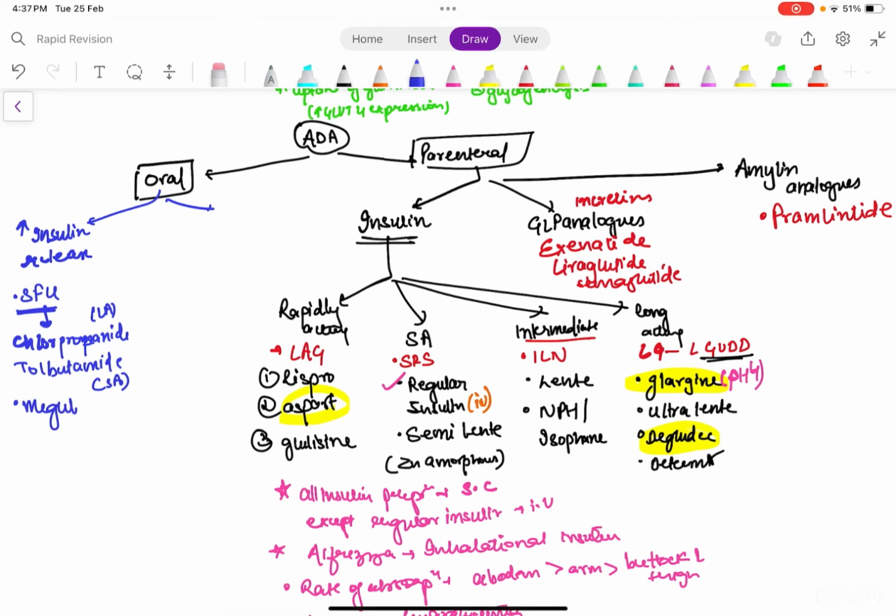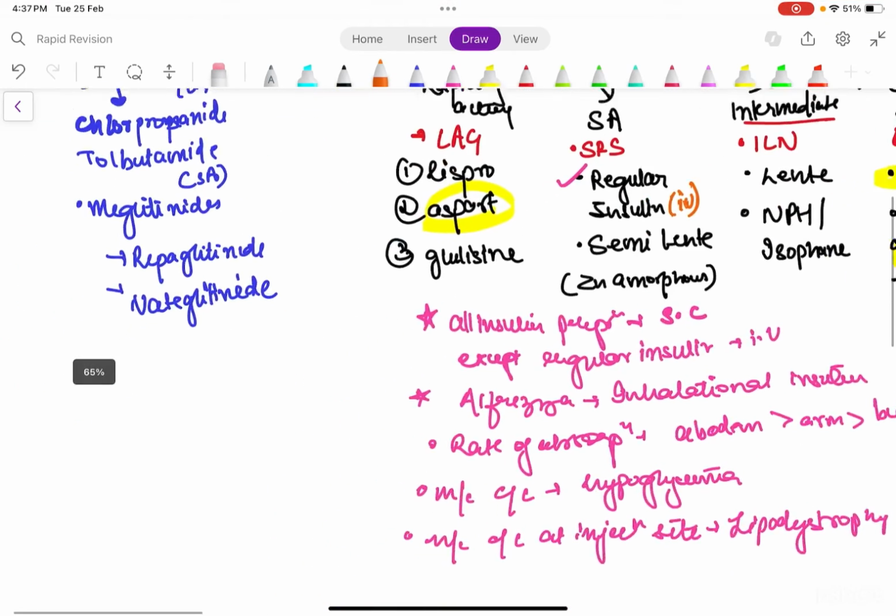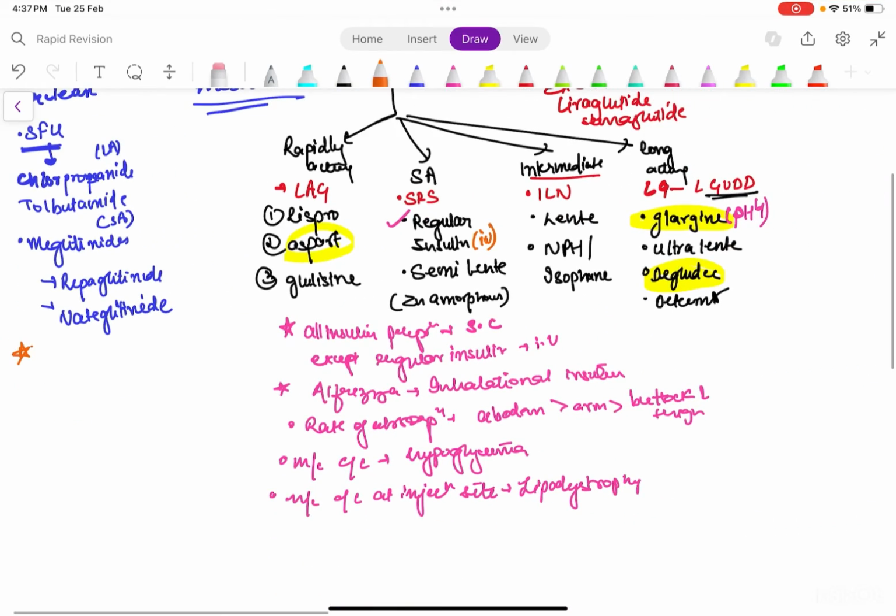Alright, then we have meglitinides. In meglitinides we have repaglinide and nateglinide. In the second one we have other mechanisms. For sulfonylureas and meglitinides, you need to know a few points.